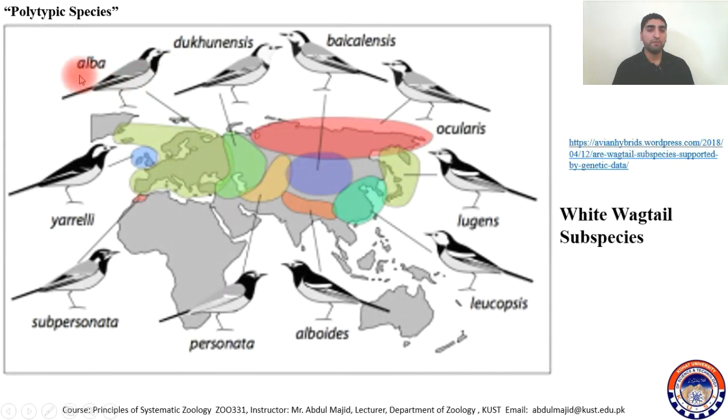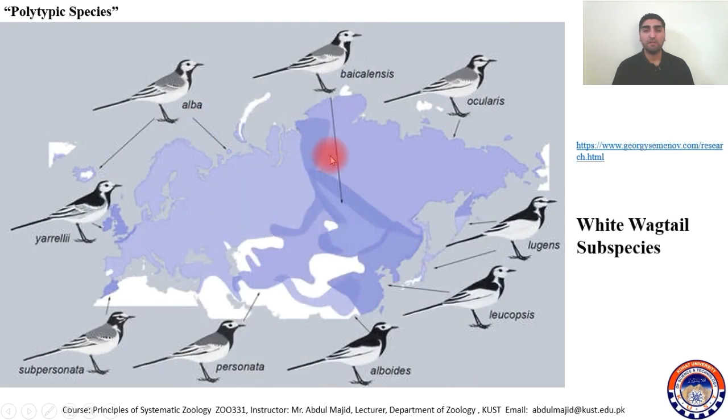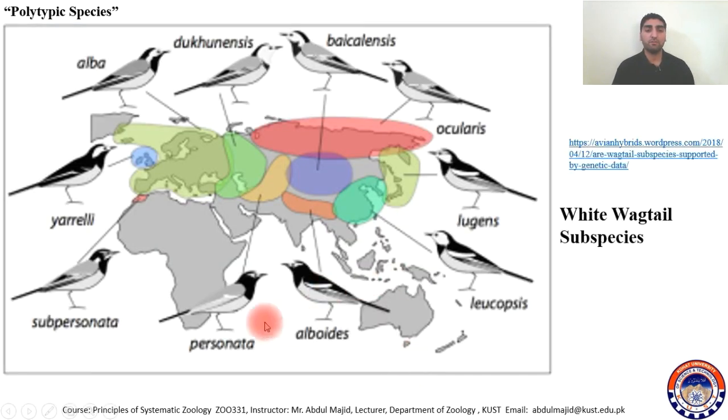In this picture you can see alba, Motacilla alba dukhunensis, baicalensis, ocularis, lugens, leucopsis. This is another one, the alboides, personata, subpersonata, yarrellii. This is another picture of the populations like alba and ocularis and lugens and leucopsis. You can see in this previous picture it's very easy.